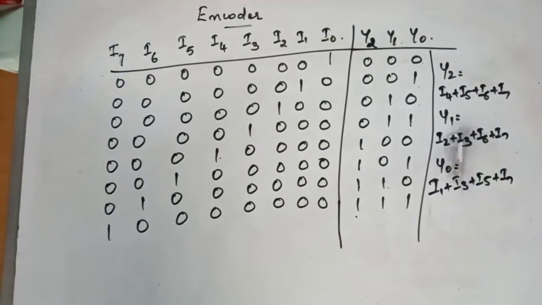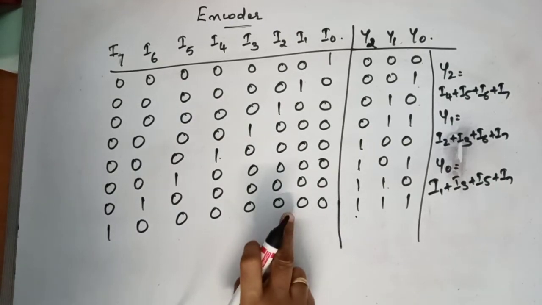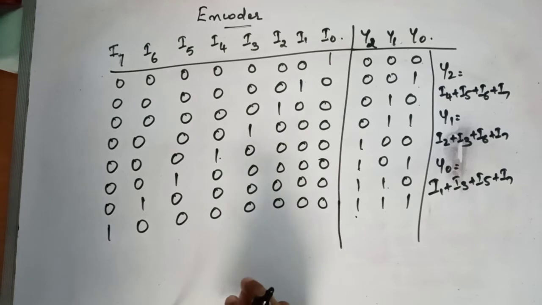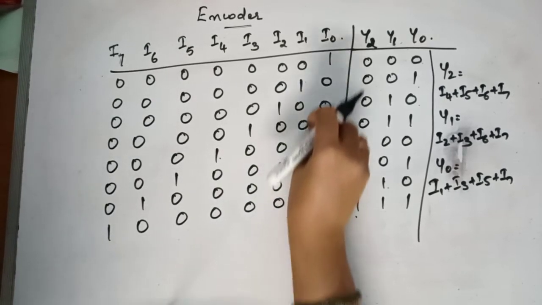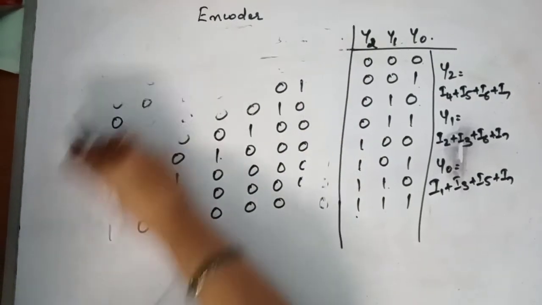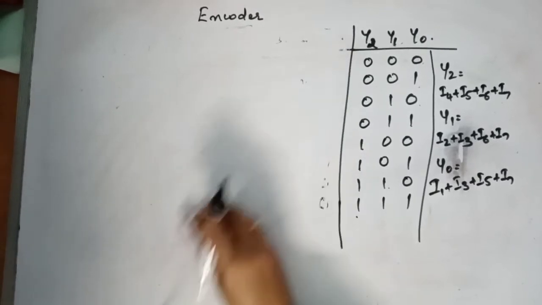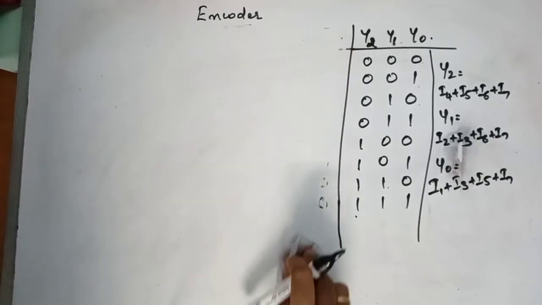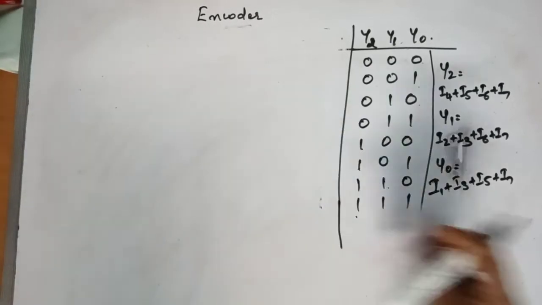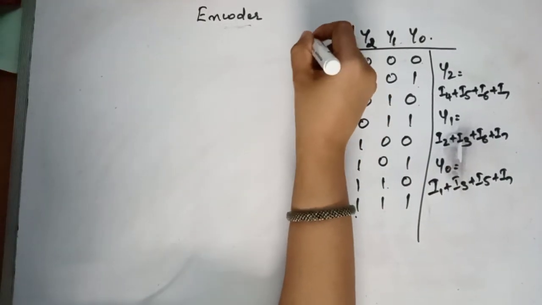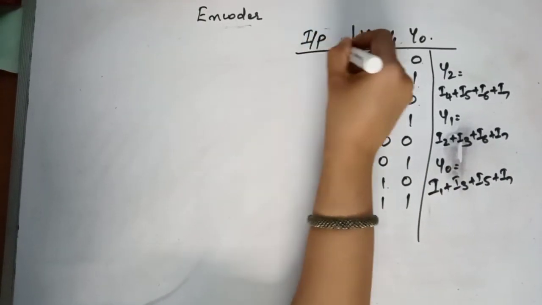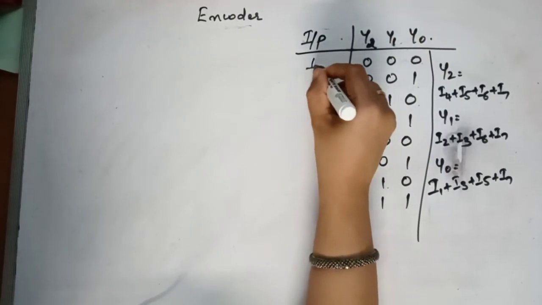So for this table, there is another, simpler way of writing. Since in the encoder only one input is 1 at a time, you can just write it, instead of writing the entire table, if you don't have time, if you have wasted a lot of time, or if the paper is very lengthy, like this: input I0.